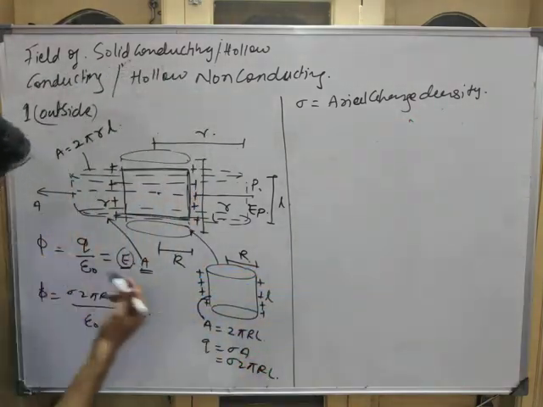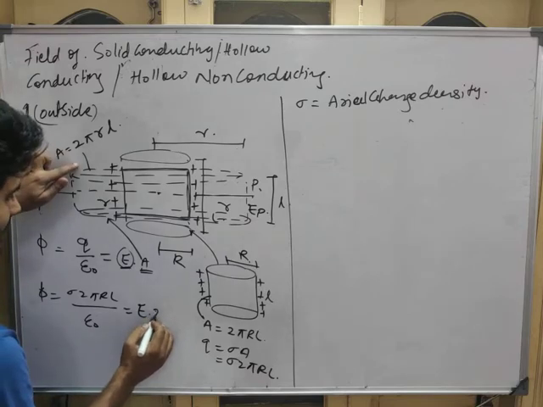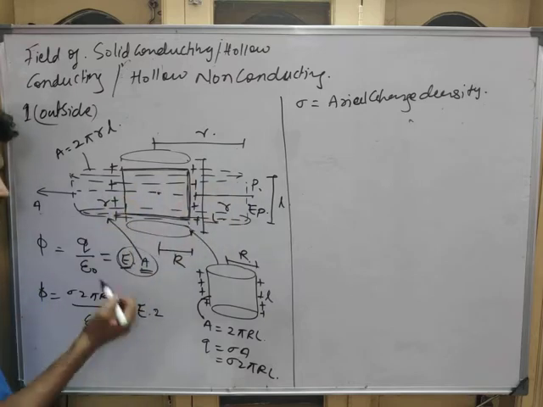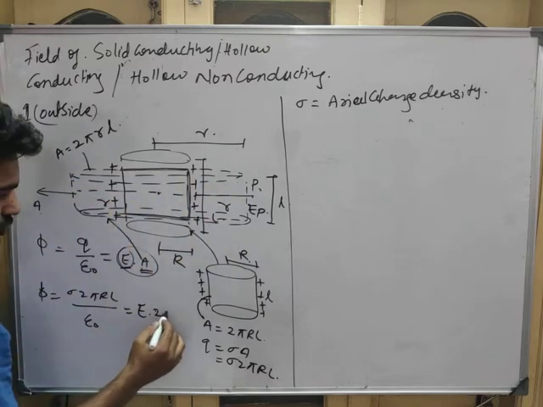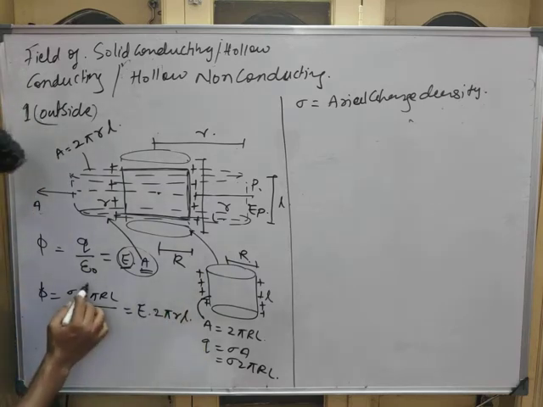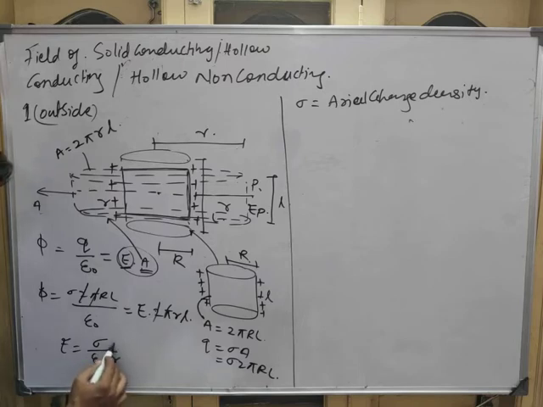So field is E. What is the area now? This is the area we take, because this is for the flux leaking out of this imaginary cylinder. So it is 2 pi r, right? Okay, so 2 pi and 2 pi will be cancelled. So we will have sigma by epsilon by r into capital R, because L also will be cancelled.